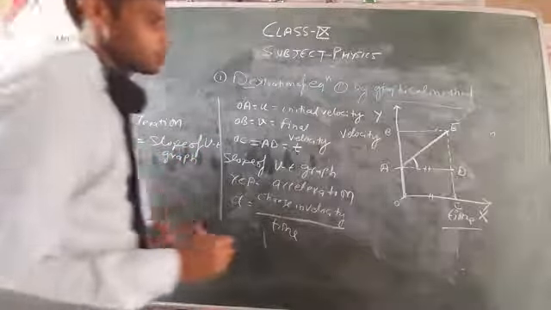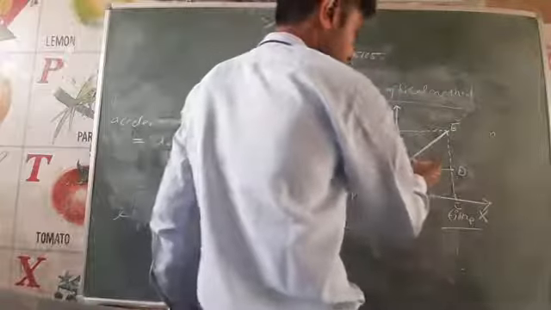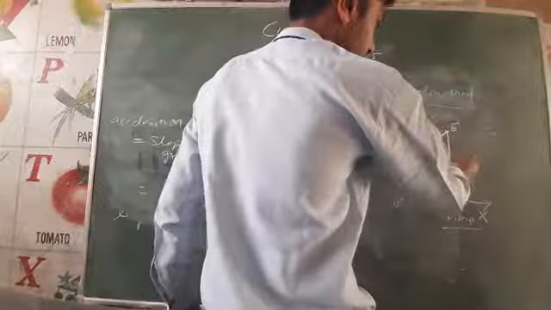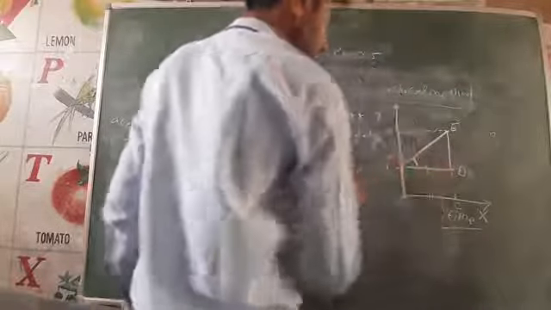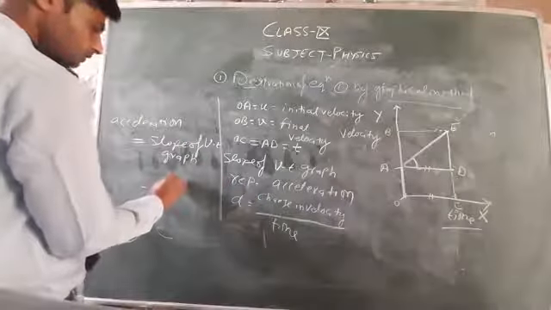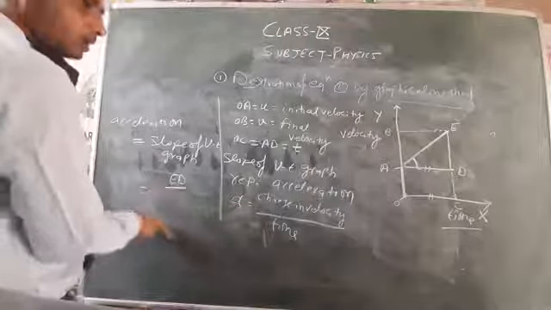This slope is equal to perpendicular upon base. It means this is equal to ED upon AD.